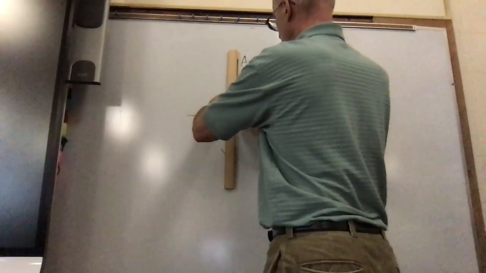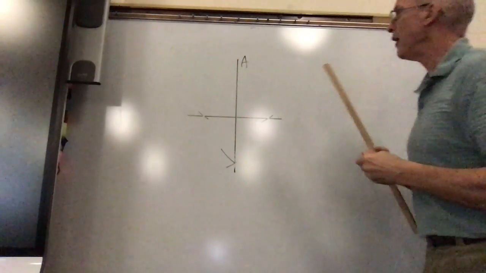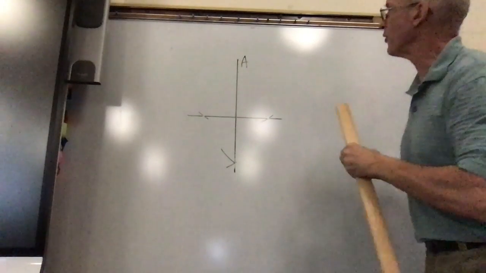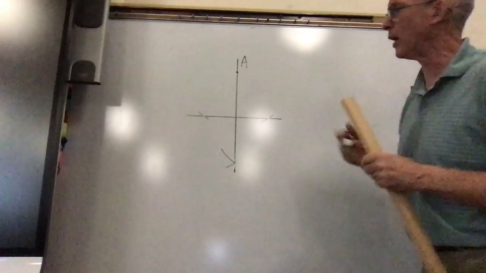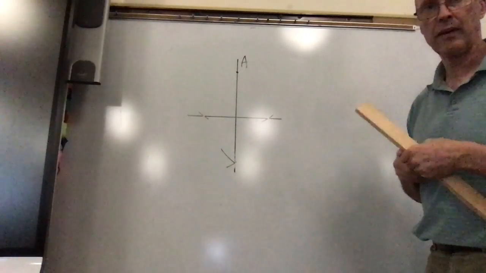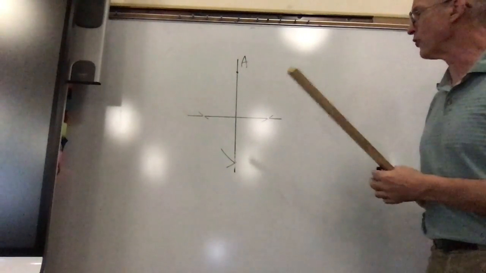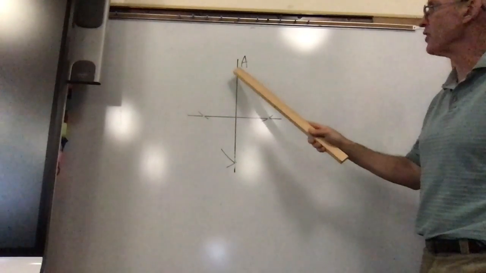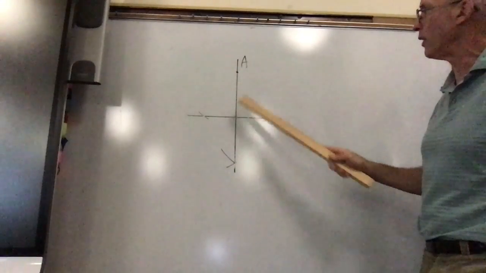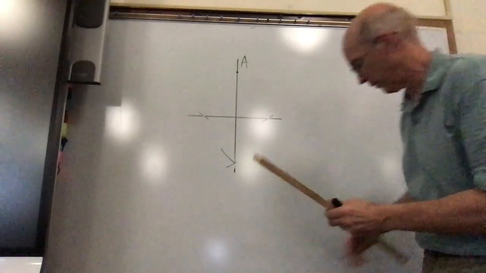So approximately like that. And now you have a perpendicular transversal that goes through point A, which was right there. All right, there's 2 ways to do constructions. And again, the distance between that point and that line is the perpendicular distance.